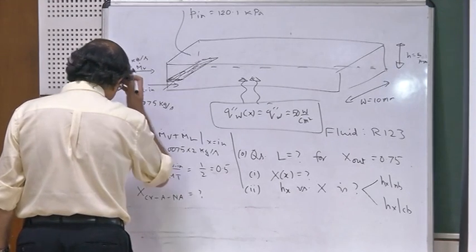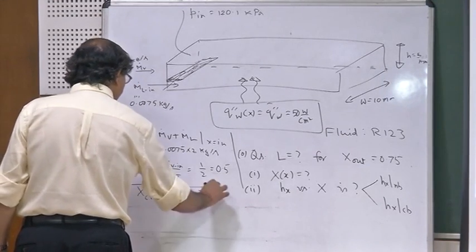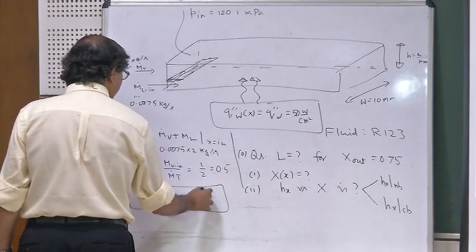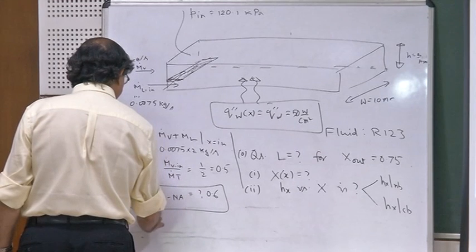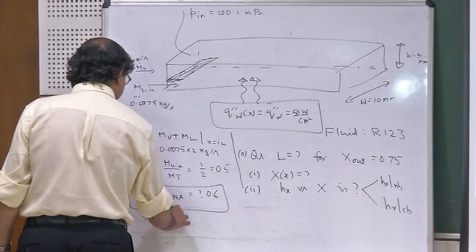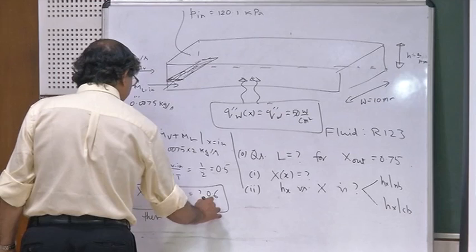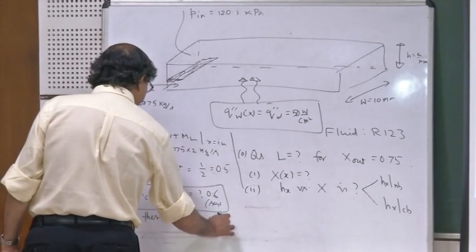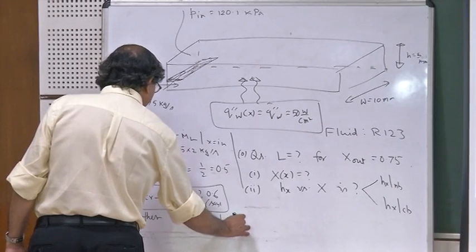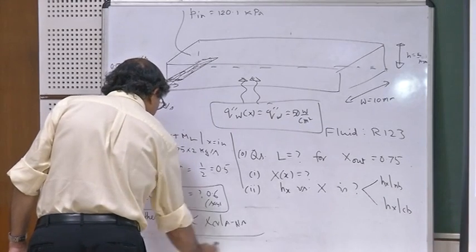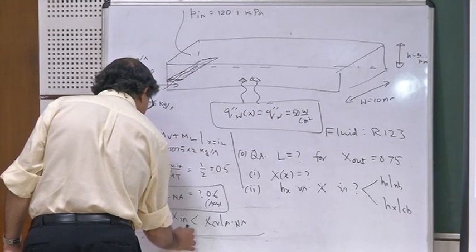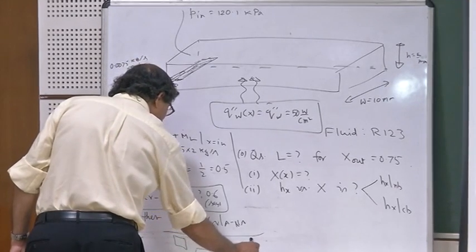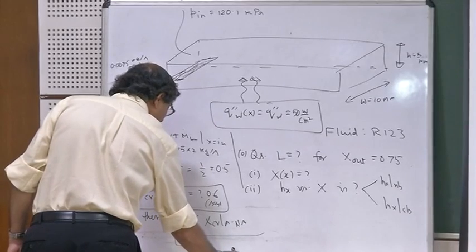What I'm trying to say is that if X critical from annular to non-annular was, say, 0.6, then X in is less than X critical, and as you remember, in that case you first have a plug slug flow, and after X critical you then get annular stratified type of flow.